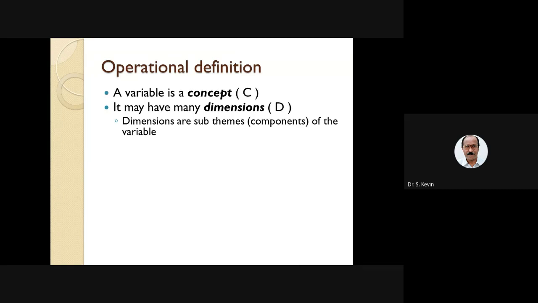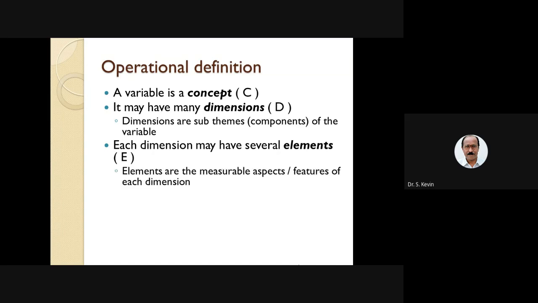The first word is concept, the broad definition. Second is the subdivision of the concept. We can divide the concept into dimensions or subdivisions, and each dimension again can be subdivided into further subdivisions called elements.